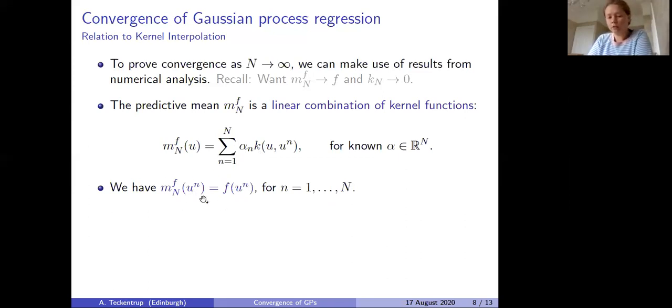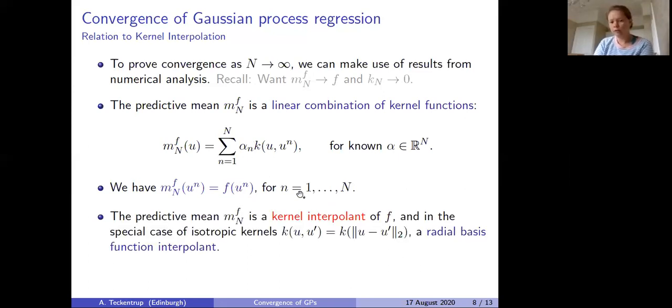And it is an interpolant, so that comes from the conditioning, and you can also see it from the explicit expression. So at these points u_n, where we did observe our function values y, you do have an interpolant of your function f. Okay?